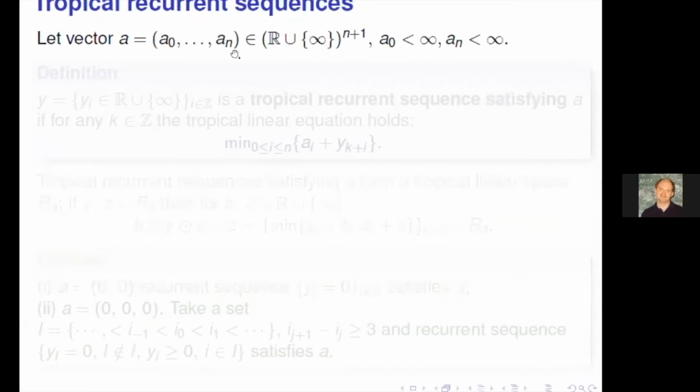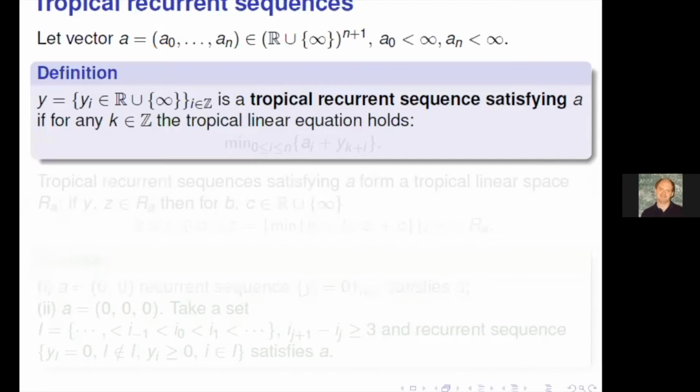So we start with a vector, similar to the classical situation with the real vector. Now we can add the infinity, which plays the role of 0, I remind. And now we assume that the first and the last elements are finite. So that is similar to not being 0 in the classical sense.